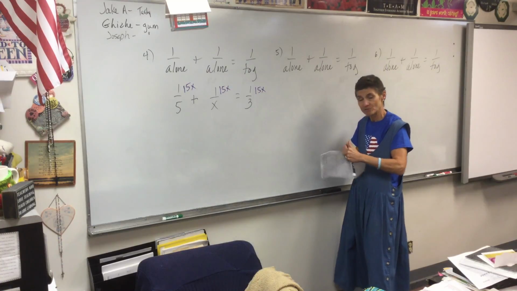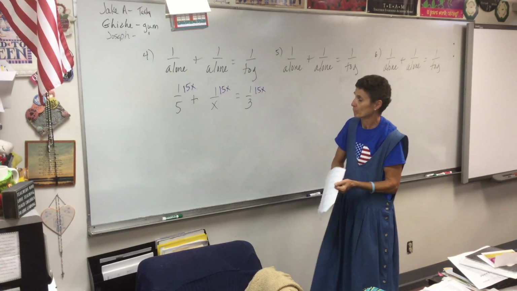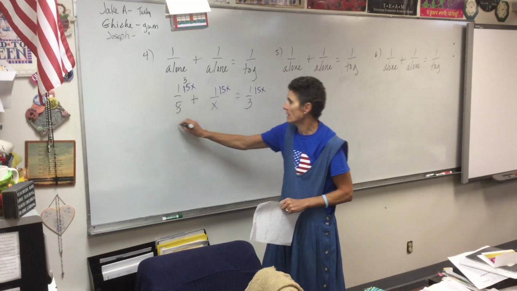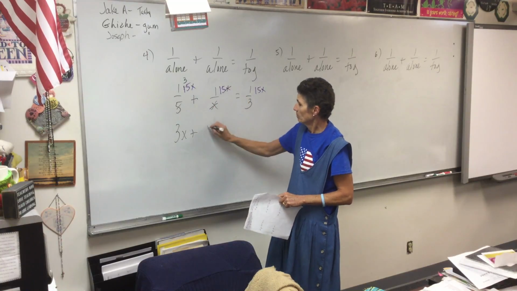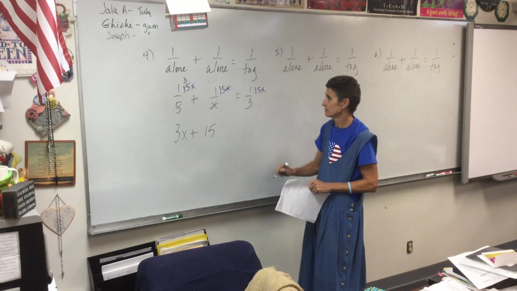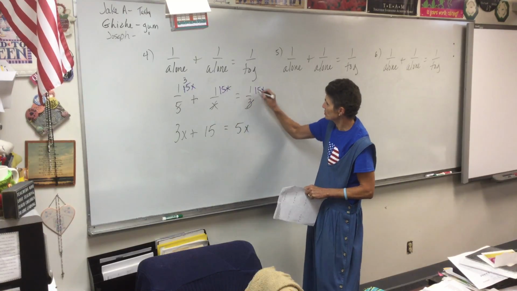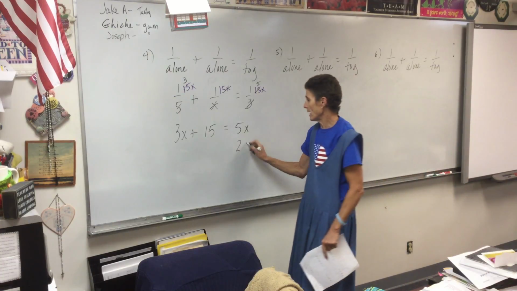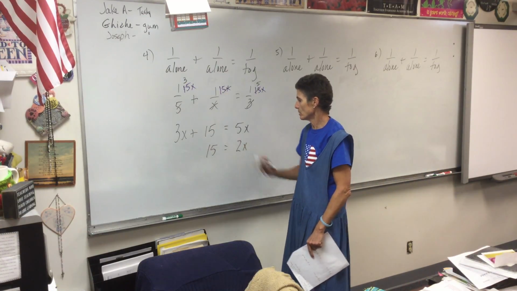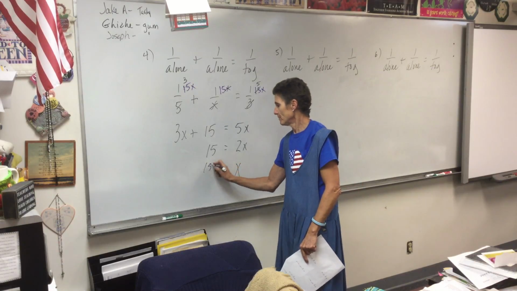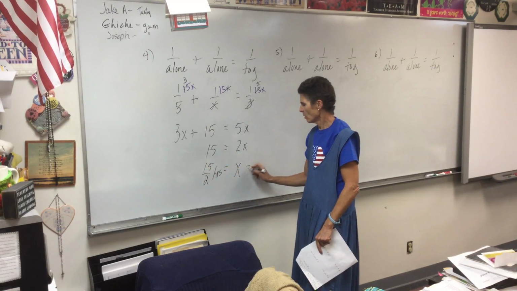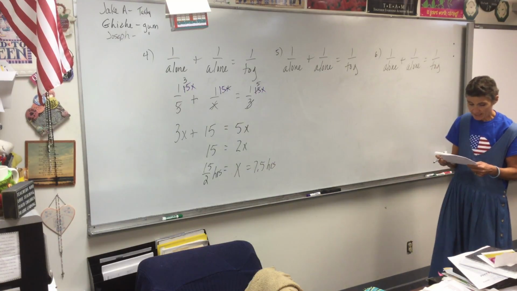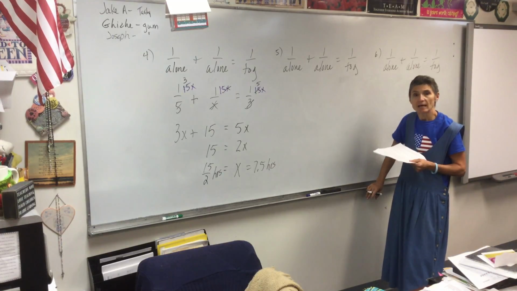We're going to multiply by 15x. 5 goes into 15 3 times, 5 goes into 15 3 times, so we have 3x plus 15, because the x's cancel, equal to 5x, because 3 goes into 15 5 times. So 2x equals 15 if I bring my 3 over, and x equals 15 halves hours, or if you prefer, 7.5 hours. So it takes Tristan 7.5 hours to do the job.